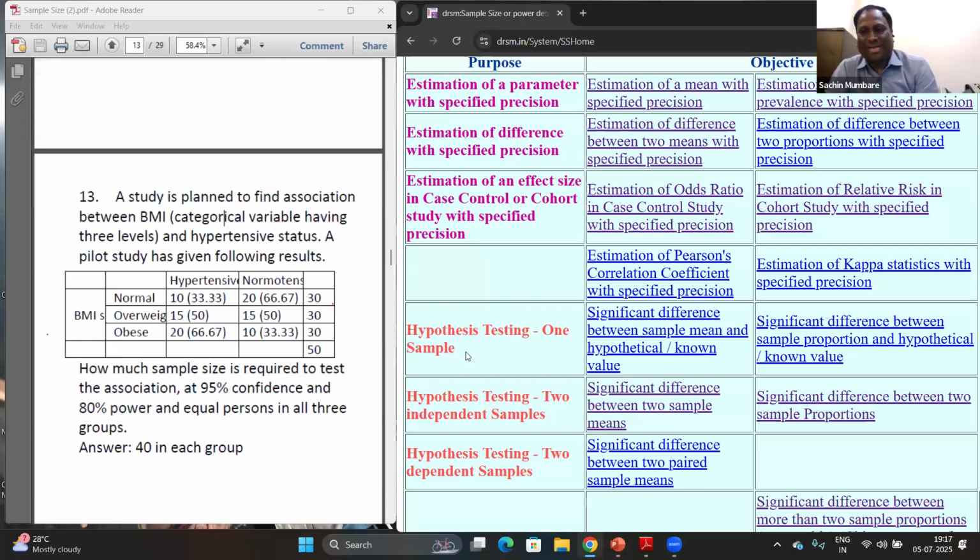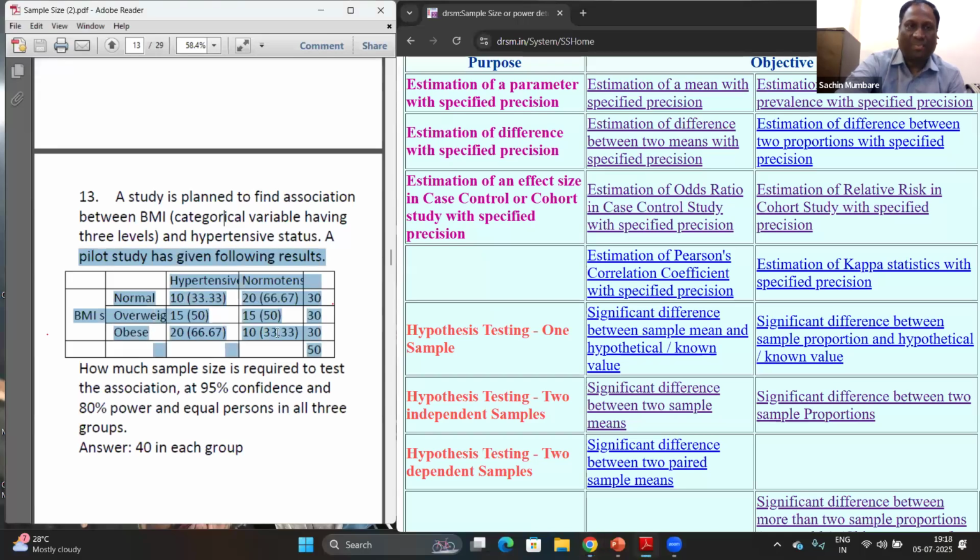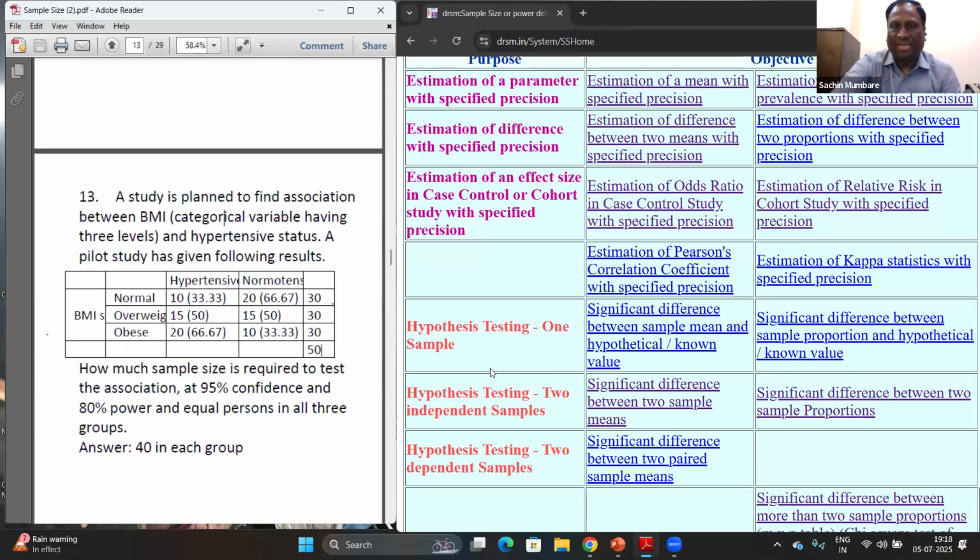So chi-square test is applied here to find the association between these two variables, BMI and hypertensive status, and to calculate the required sample size based on the findings of this pilot study or any previous study. You can calculate the required sample size for your study. How? I will just explain.